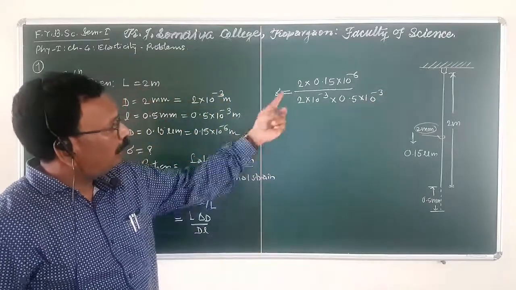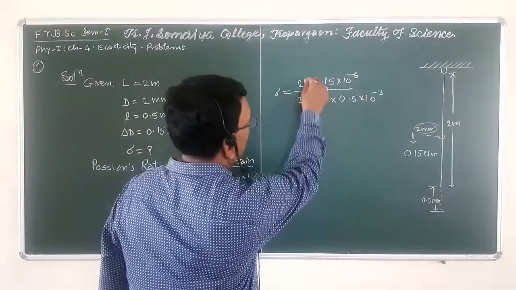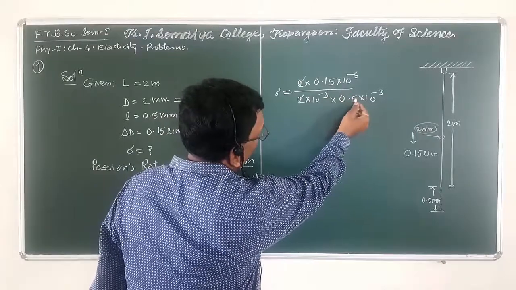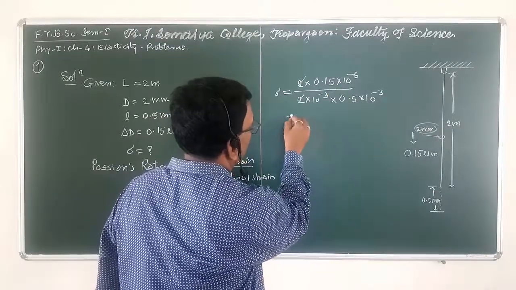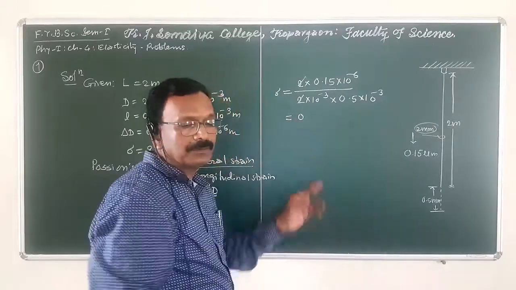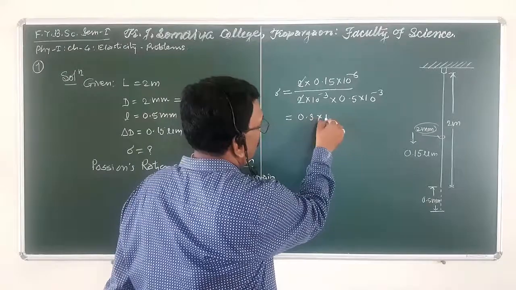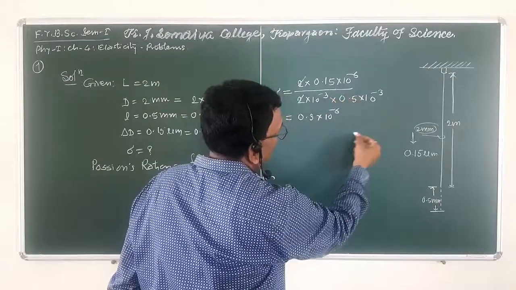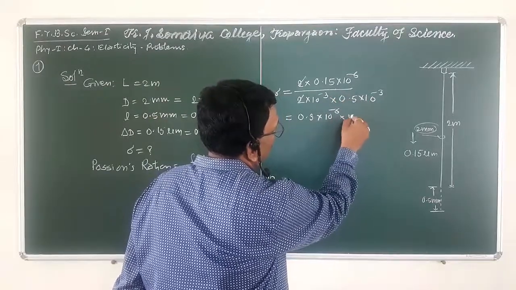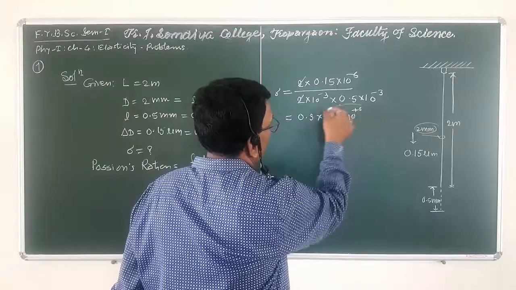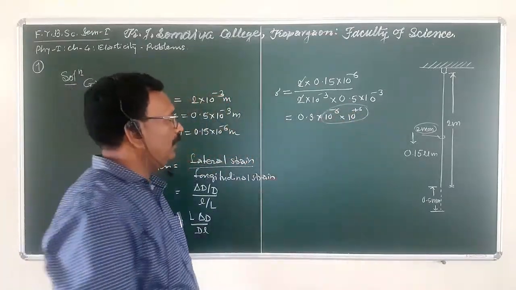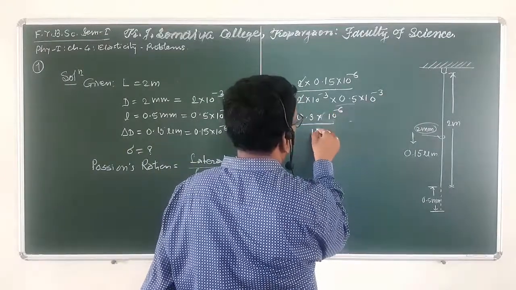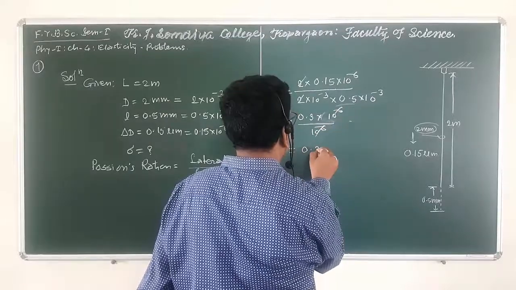When you solve this, the 2 gets cancelled with the 2, and dividing 0.15 by 0.5 we get 0.3, and 10 raised to minus 6 upon 10 raised to minus 6 cancel.